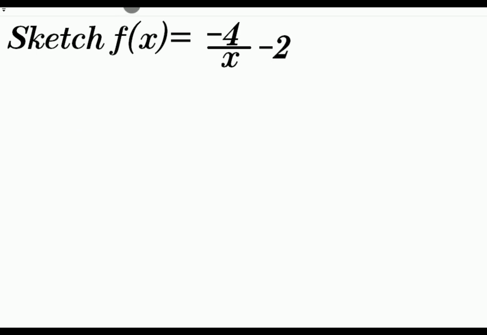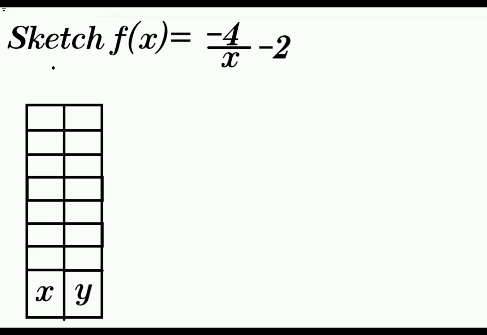The first thing we are going to do is draw our table and write the points. We are going to name our axis first, which is going to be minus 4, minus 2, minus 1, this will be our 0, then 1, 2, then 4.